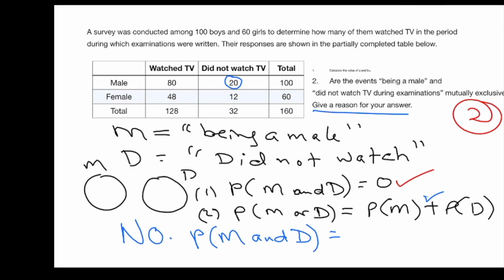There is 20 learners that are male and did not watch television. So the probability is 20 out of the total number of learners in the whole group, which is 160. So clearly 20 over 160 is not equal to 0. That is why I conclude that these 2 events are not mutually exclusive.